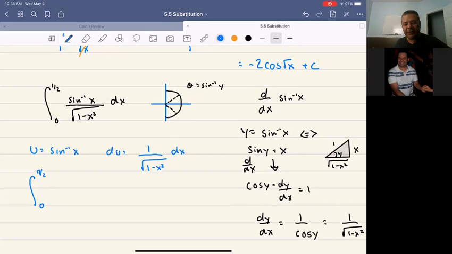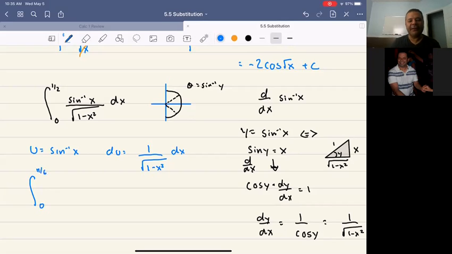You may have learned this before in Calc 1. I hope you did. Wait, not pi over 2. It's 1/2. That's actually going to be this angle. 30 degrees is pi over 6.